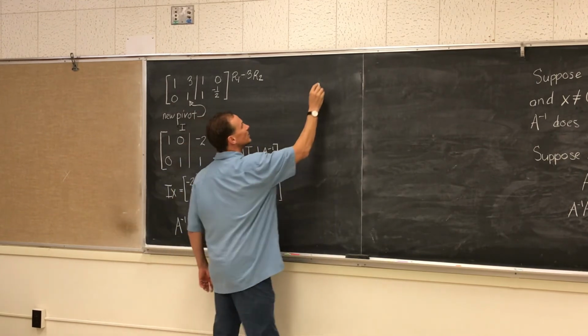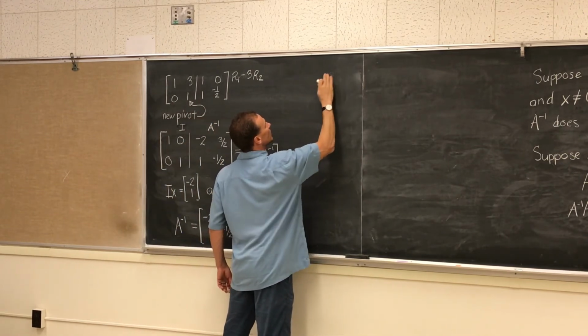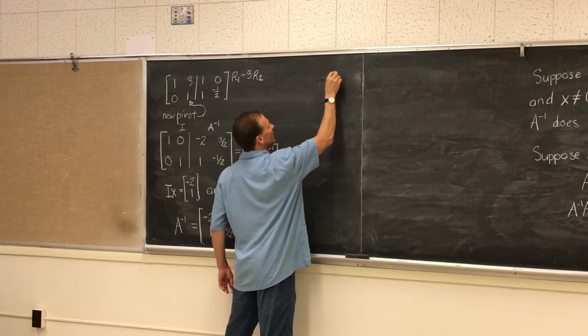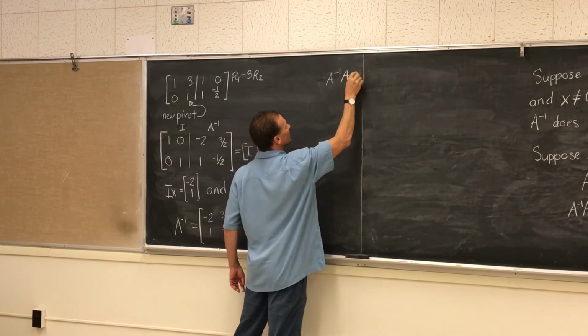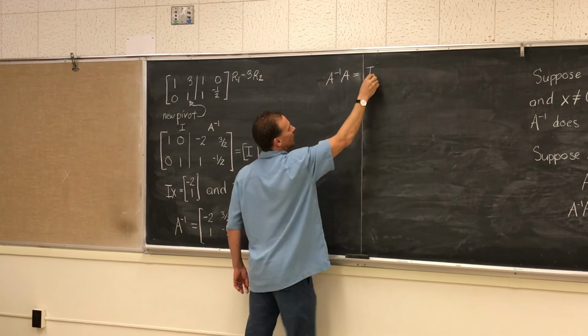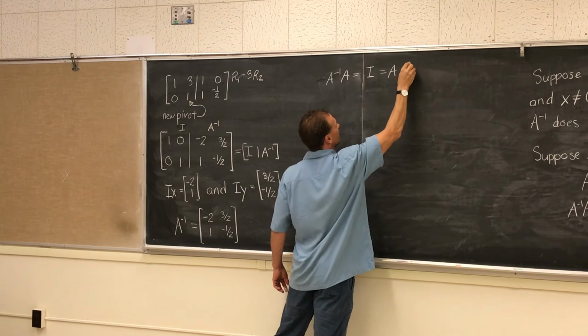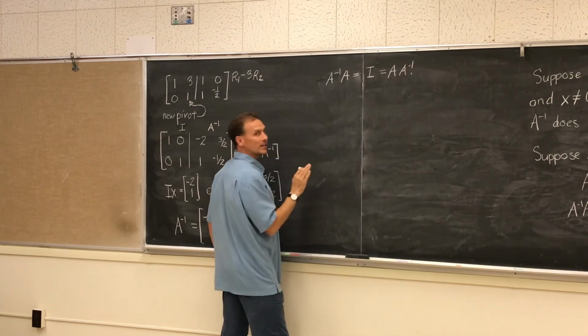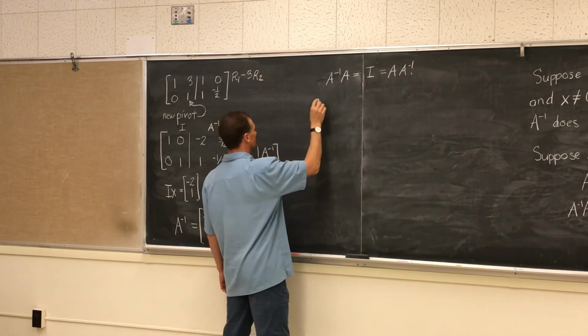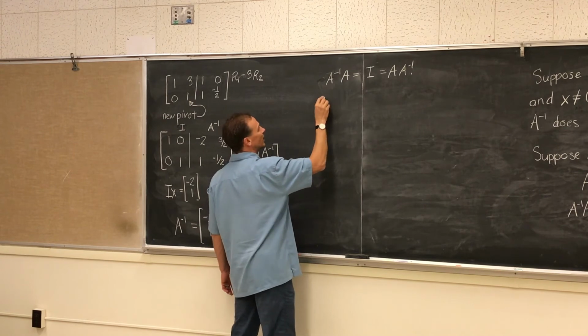We'll have 2 minus 2, 1. I'm going to write it this way. Let's check. Does A inverse A give me I? Or if you wanted, you could check it as A A inverse. Either is fine. That's what we've already shown. So I'm going to try the left side.